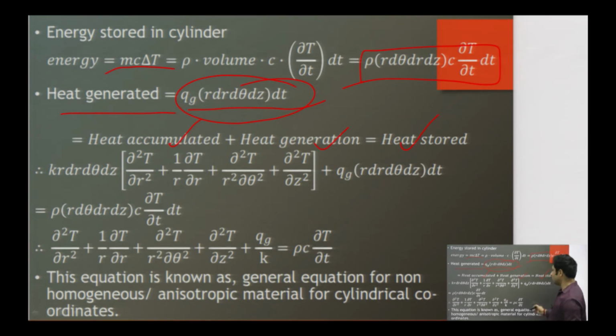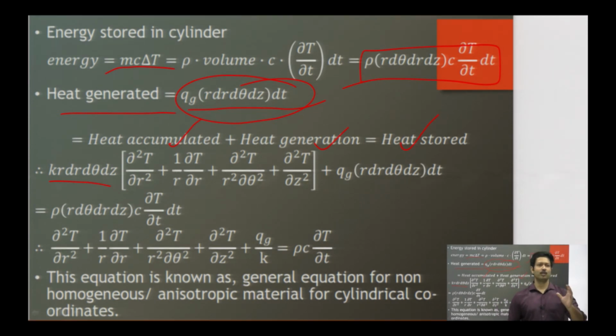So this is what we are getting: k r dr dθ dz, in brackets ∂²T/∂r² plus 1/r ∂T/∂r. If you solve this in a similar way, you will get plus ∂²T/(r² ∂θ²) plus ∂²T/∂z², plus qg r dr dθ dz, equal to dt. This small t is basically time. Do not get confused between the capital T and the small t.